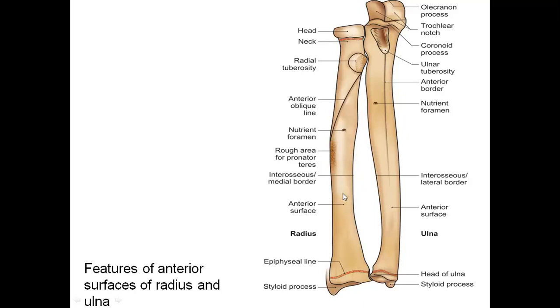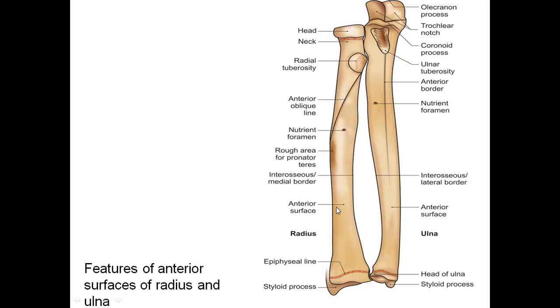Now we have the various surfaces also from the front. If you observe, we have the anterior surface, and that will be between the medial and the anterior border. Then between the anterior border and the posterior border we have the lateral surface.